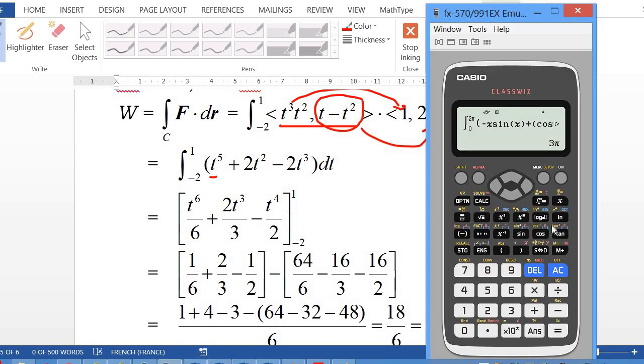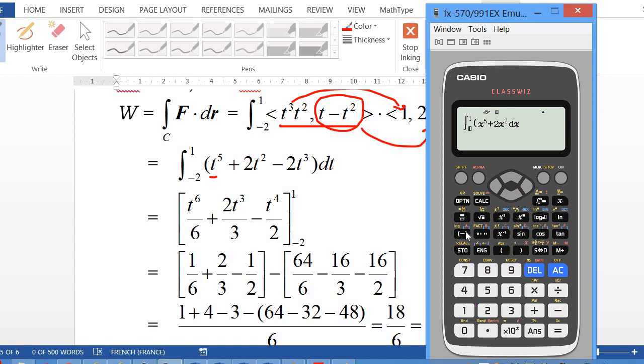Let me check it. So again, integrate. We have t to the power 5 plus 2t squared minus 2t cubed. I made a mistake on this one, so I'm going to put this one first.